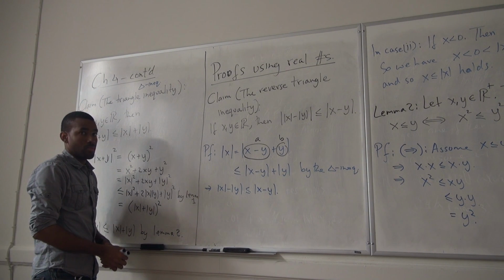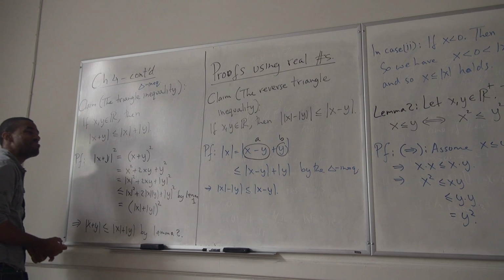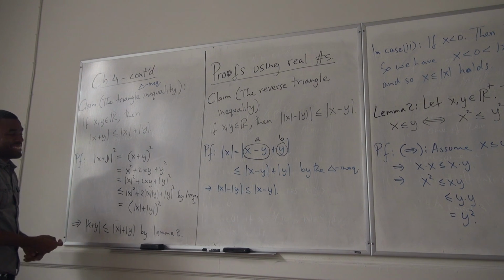Well, if you take the absolute value of both sides, you take a double absolute value. Would that work all the time though?